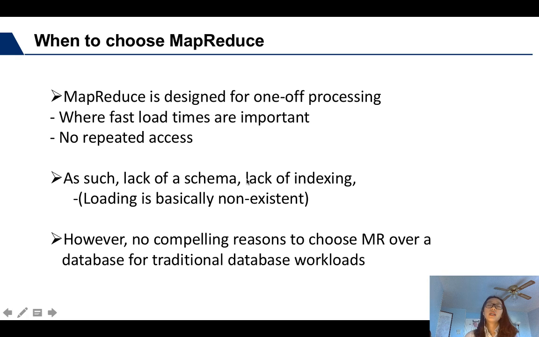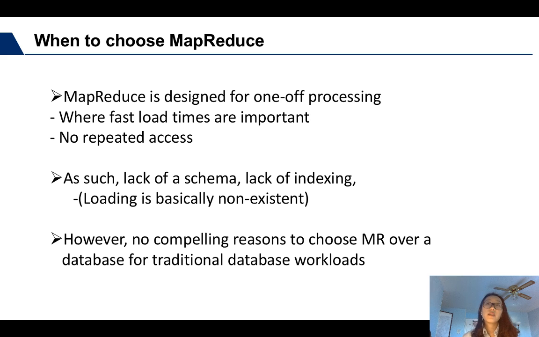So when we choose MapReduce, I think MapReduce is designed for one-off processing. The paper gives some answers. MapReduce is designed for one-off processing when fast load times are important, so when we need fast load times, MapReduce does it faster, and there is no repeatable access, as such lack of schema, lack of indexing.